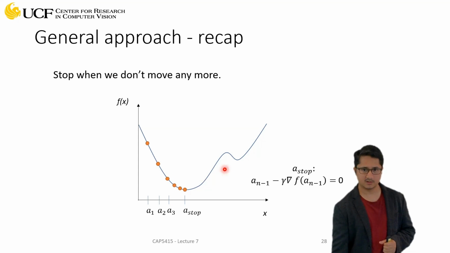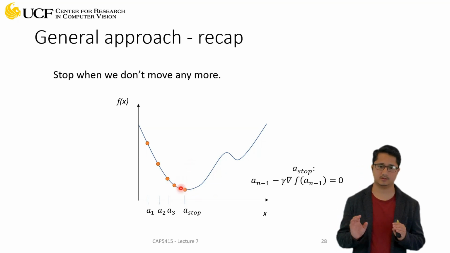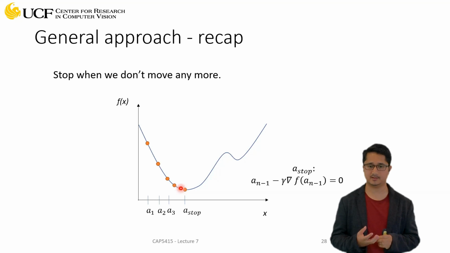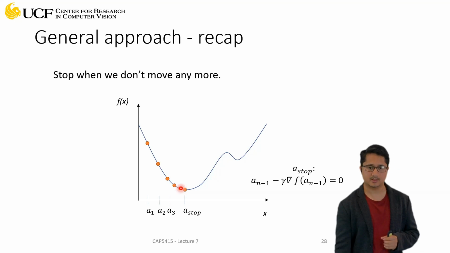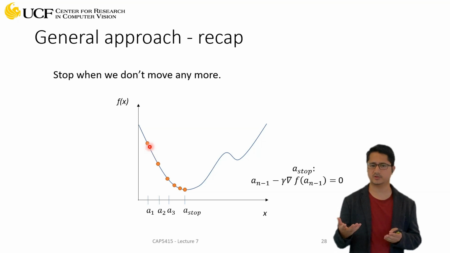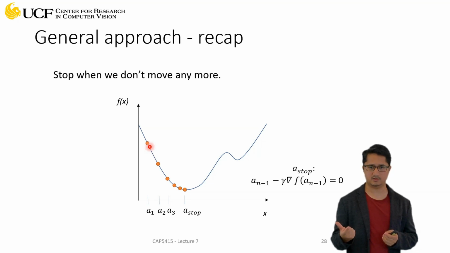Now, the idea is we want to reach this point, and as we discussed in the last lecture, we are going to make use of stochastic gradient descent. We initialize our network randomly, which means the initial prediction will be random. With that random prediction, the loss value will be high because it is just a random guess.